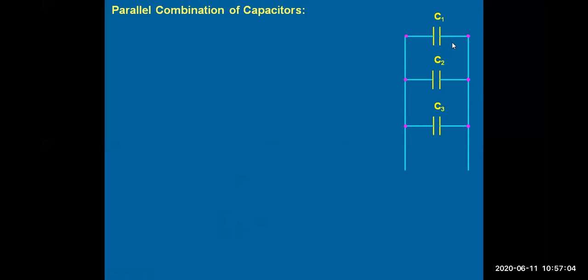Look at the line joining. All the points are getting connected, or both the ends of the capacitors are connected to a common point. So this is how parallel will be connected. In series you saw only one pink dot to one pink dot was connected. Here you can see both the ends are connected to a common potential.